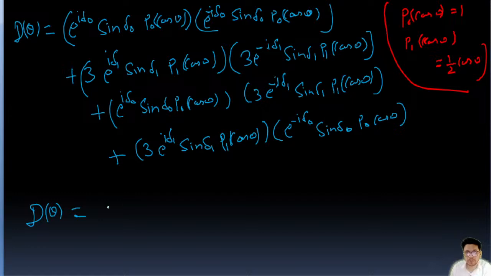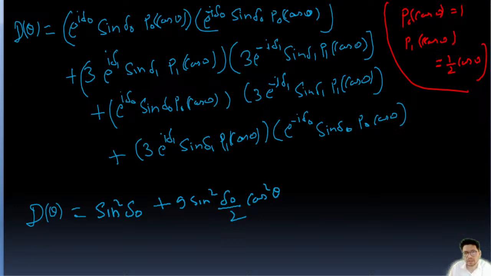So this is going to be sine square delta naught, and this solving. Okay, so plus 9 sine square delta 0 by 2 cos square theta, right, because this value will be cos theta by 2 cos theta by 2.